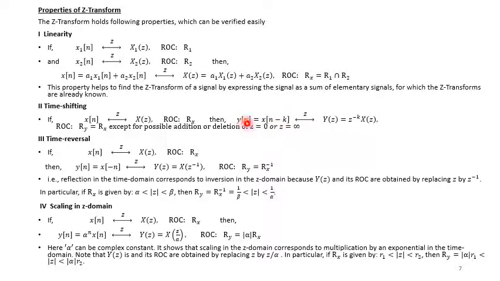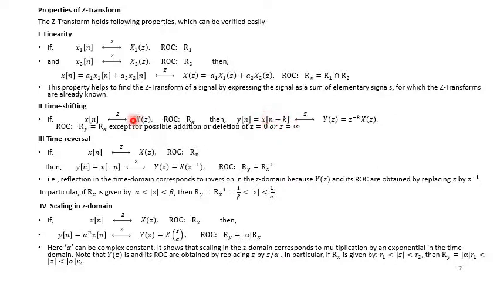For example, if y of n is the output and x of n is the input, then y of n will be the delayed version of x of n by a factor of k if k is positive. If k is negative, then y of n is the advanced version of x of n by a factor of k. So k should be positive for shift right and negative for shift left, where shift right is also called delayed and shift left is also called the advanced version of the original signal.